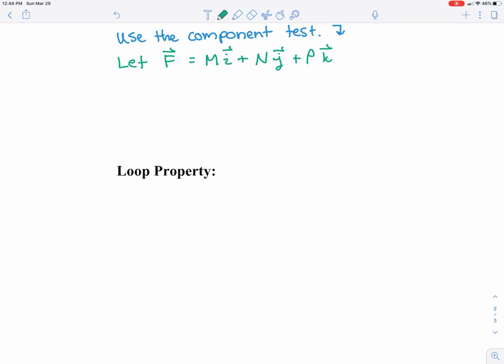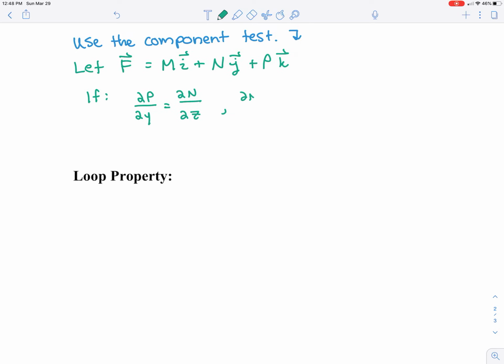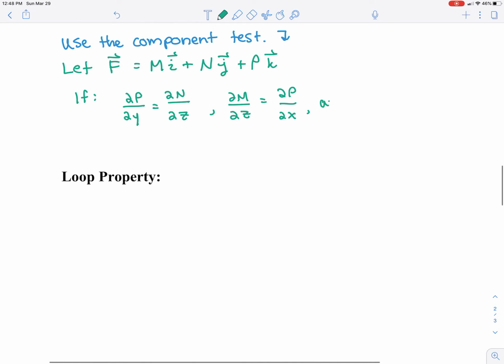The partial derivative of P with respect to y is equal to the partial derivative of N with respect to z, and the partial of M with respect to z is equal to the partial of P with respect to x, and the partial of N with respect to x is equal to the partial of M with respect to y.